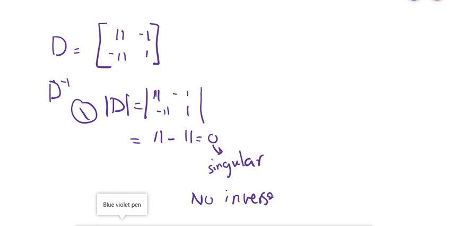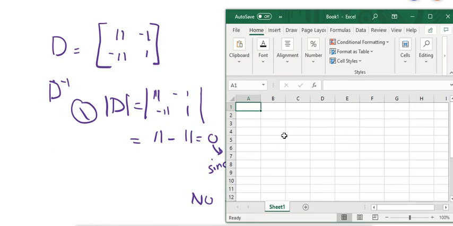Let me check by using Excel. It is our answer, it is correct. The determinant of D is equal to 11, minus 11, minus 1 and 1.